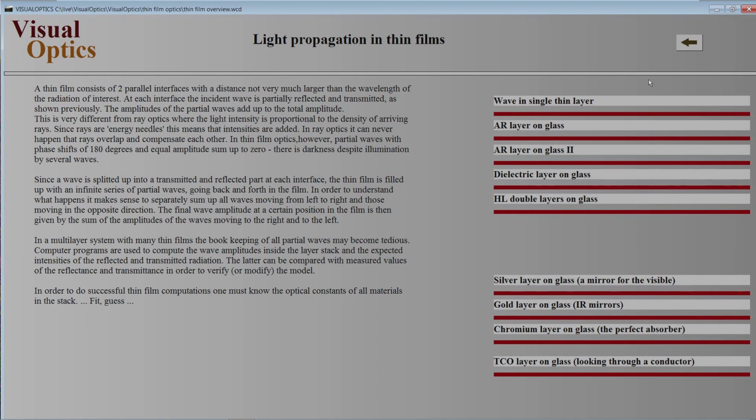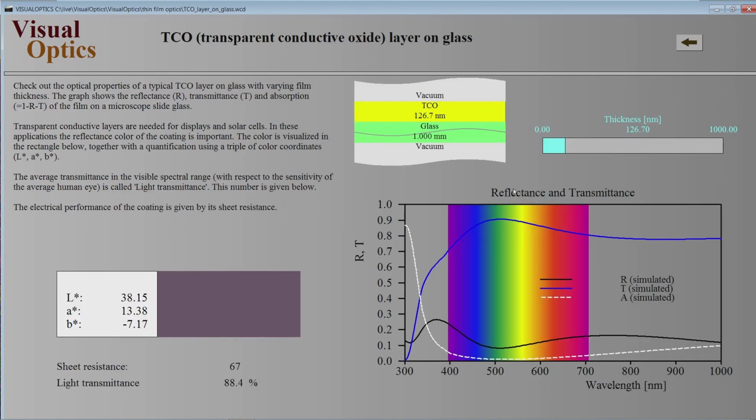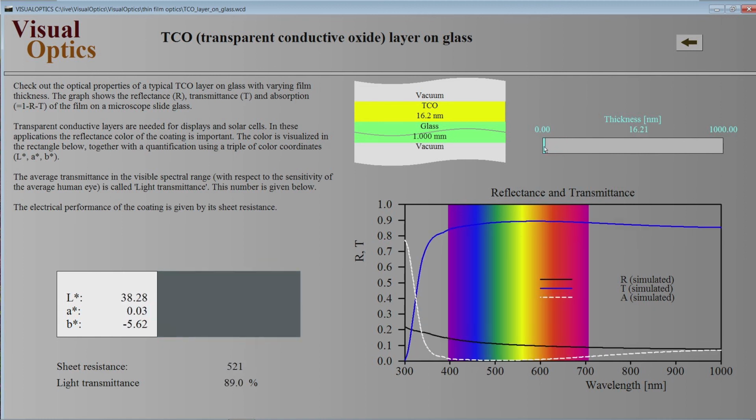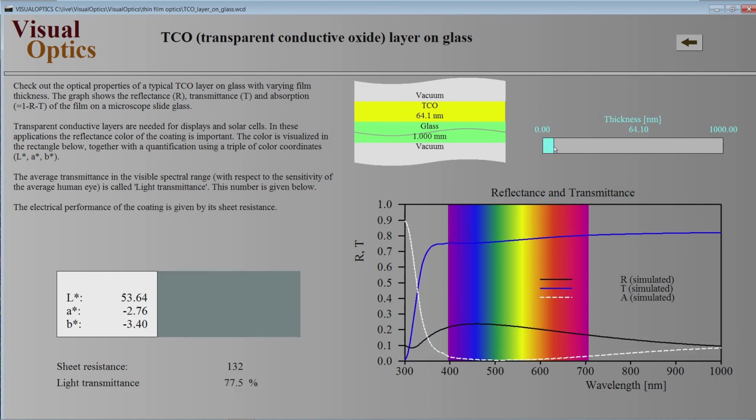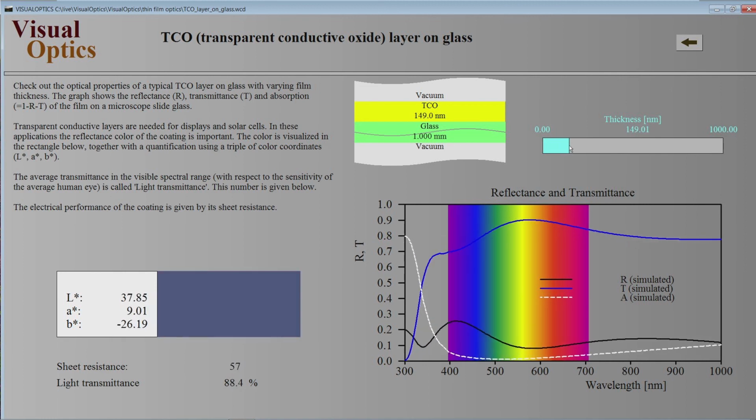Let's discuss at the end a TCO layer on glass, where you have basically a single TCO on glass, which can be tuned to a certain color, if you like.